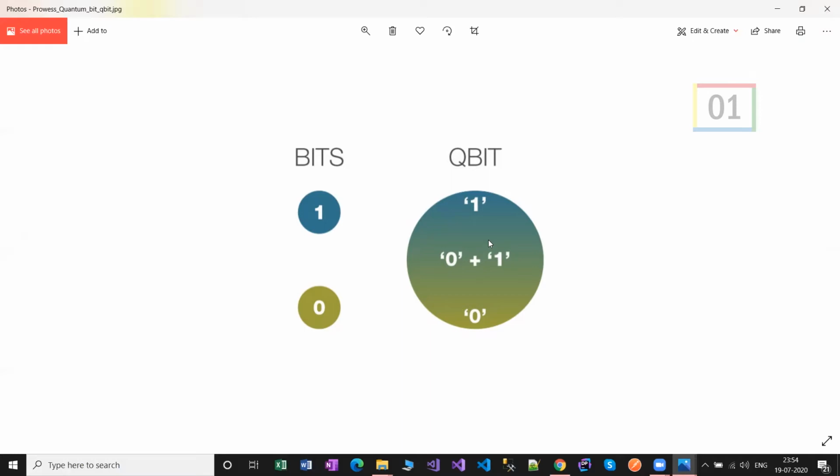If you are using 10 bits, it's 2 times 10, which is 20 bits. If it is quantum, a 2 to the power n formula applies, which means if you are using 10 qubits, it gives you 1024 combinations.